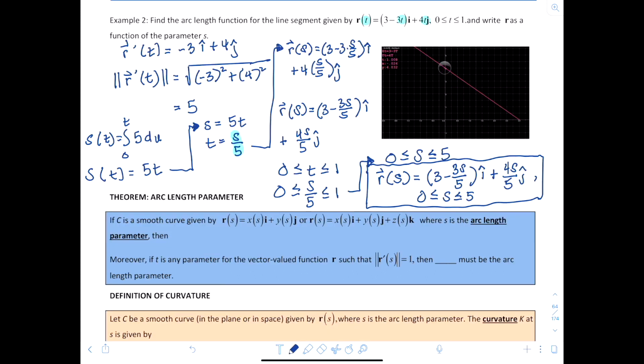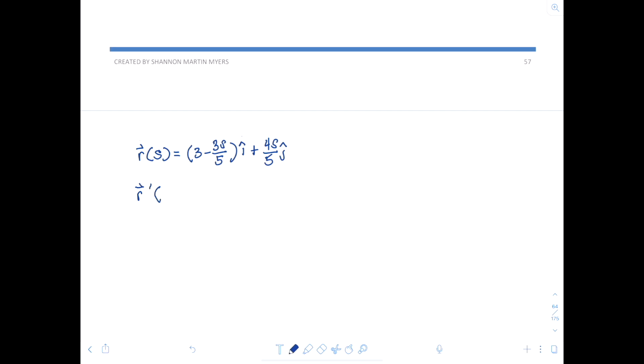Now, just for fun, let's check out the magnitude of r prime at s. We found r prime at t, so let's find r prime at s. r prime at s is equal to negative 3/5 times i plus 4/5 times j.